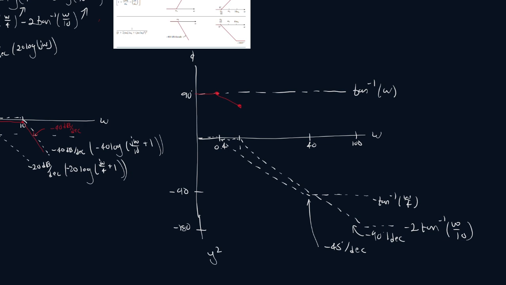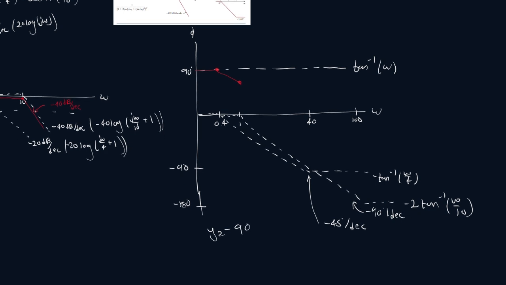So y2 minus y1, which is 90, all over log of x2 over 0.4 equals minus 45. And we get 72.09.